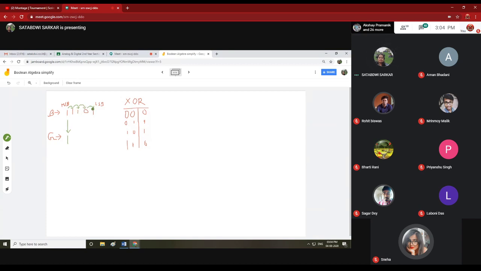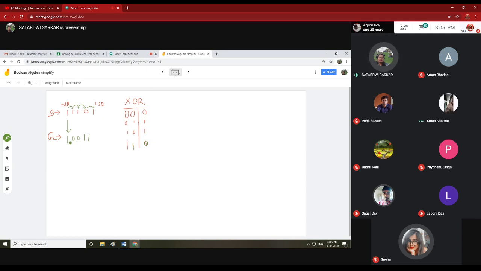The next value is 1, so 1 will be XORed with this one. 1 1 comes 0. Again 1 1, XOR operation, it comes 0. Now 1 0, if the inputs are changed, then it will give the result as 1. And for 0 1, again it will give the result as 1. So this is our gray code for this corresponding binary value.